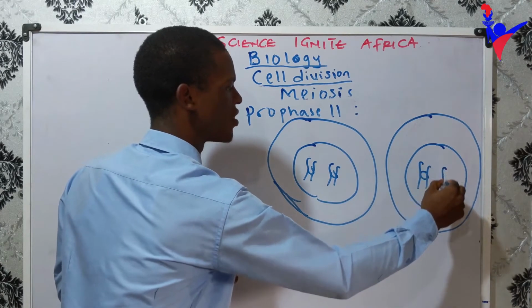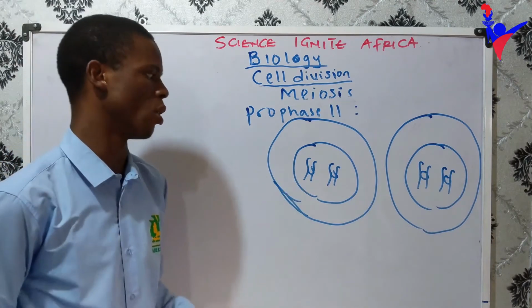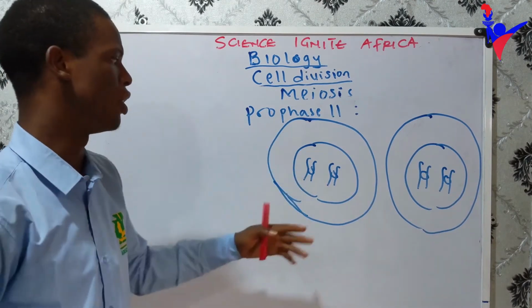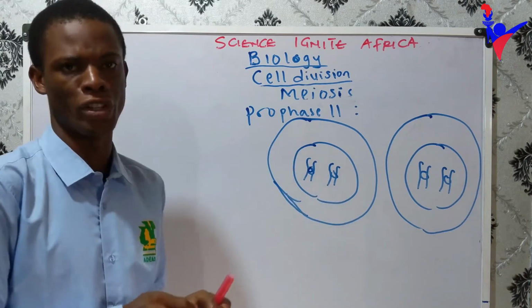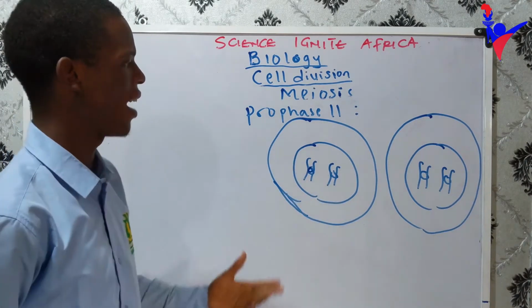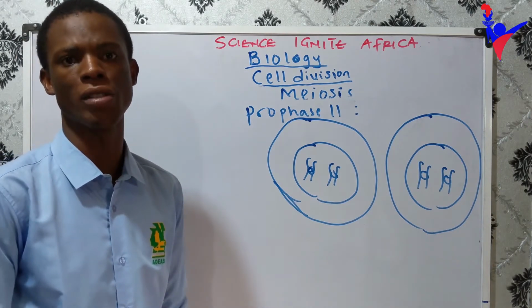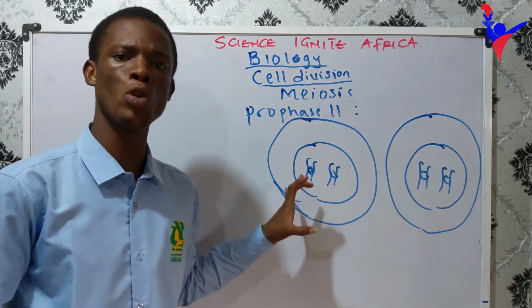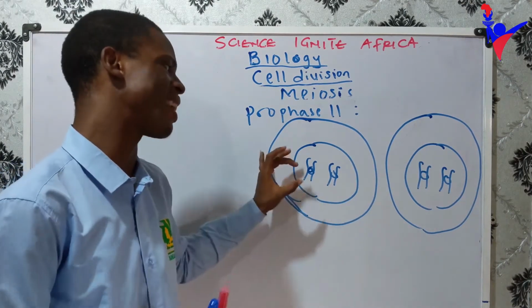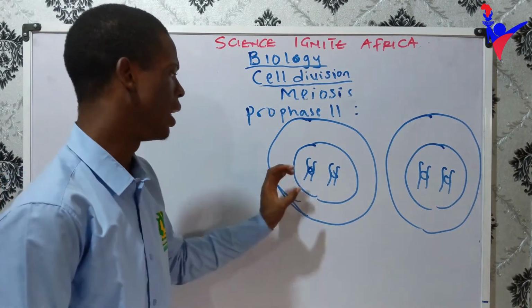So this is a representation. We have the two daughter cells in the prophase 2 division. What happens at this prophase 2 is quite similar to what happens in the prophase stage of mitotic division. You have the chromosomes condensing into a thicker structure. You can see them, they are more visible in each cell.